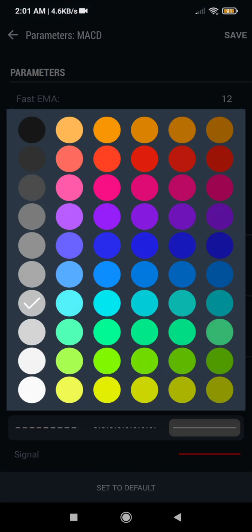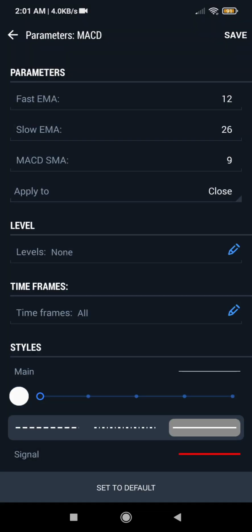This will determine the color of your MACD histogram. I will prefer them to be white since I have a black background, so I'm going to select that. For the thickness, I will increase it so that I can see the MACD histograms clearly. So I'll increase the thickness to 3 points.